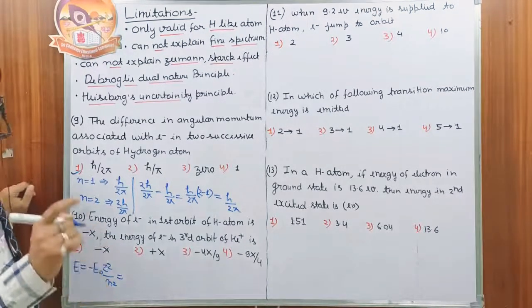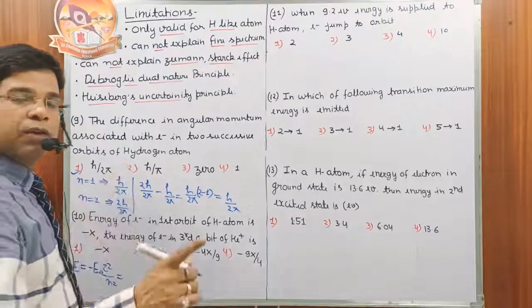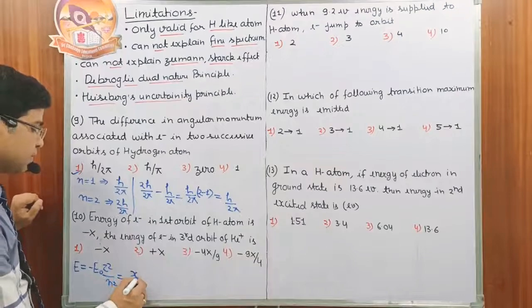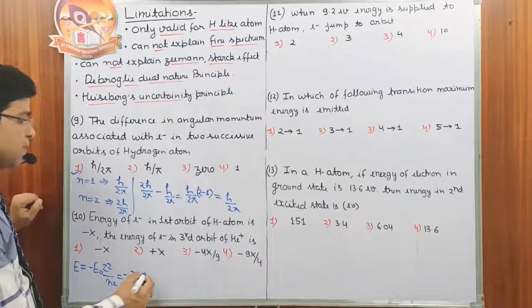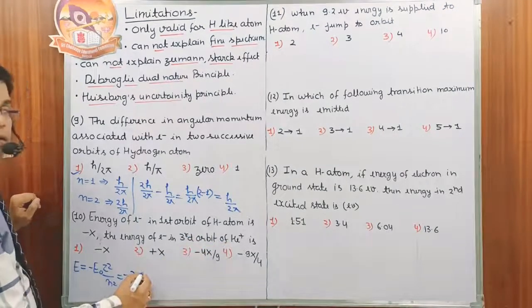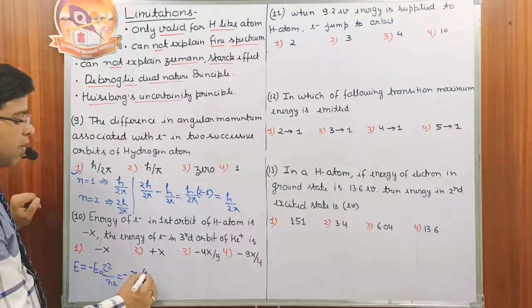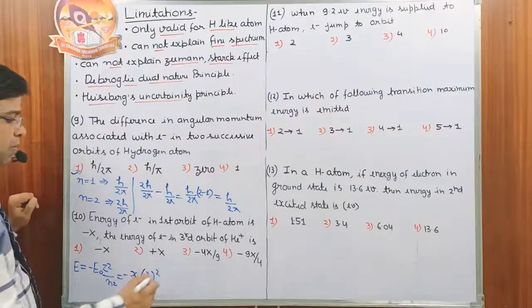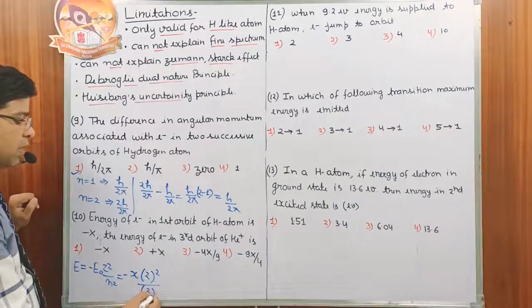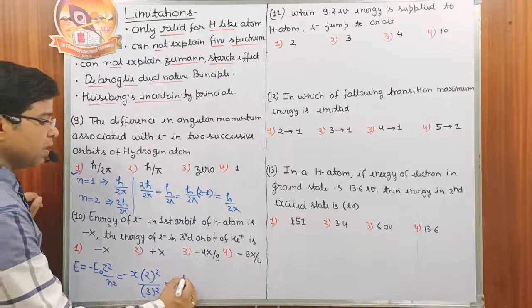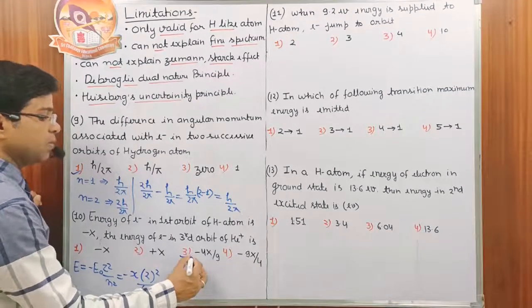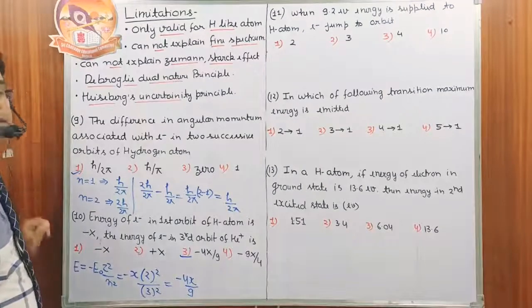E0 is the energy of the hydrogen atom in the first shell, given as minus x. For helium, the z value is 2, so 2 square, and n is the number of the shell, so 3 square. So what we have is minus 4x divided by 9. The correct answer of this question is option number 3.